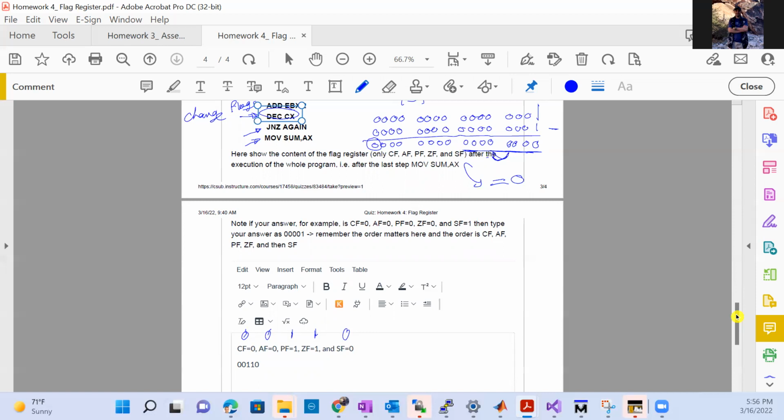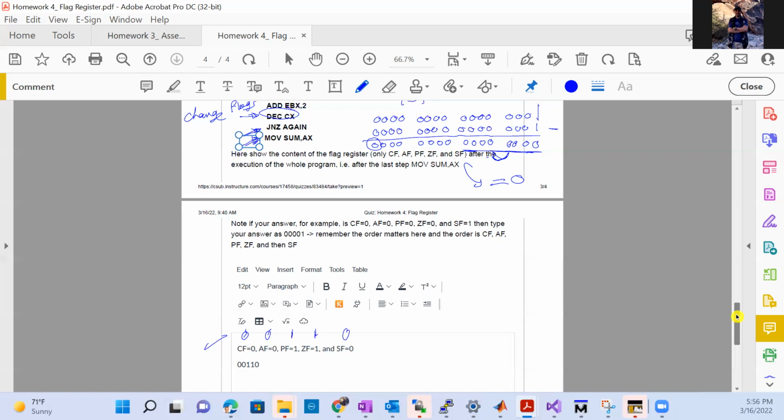Okay, then we're going to execute the jump instruction. A jump instruction doesn't change the flags, so they will remain like this after jump not 0 again. And it will not jump because it's 0. Jump not 0 means if it's not 0, jump. Here it's 0, so it will not jump. So we're going to execute the move instruction.